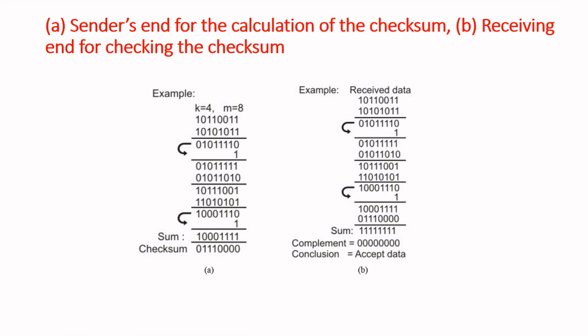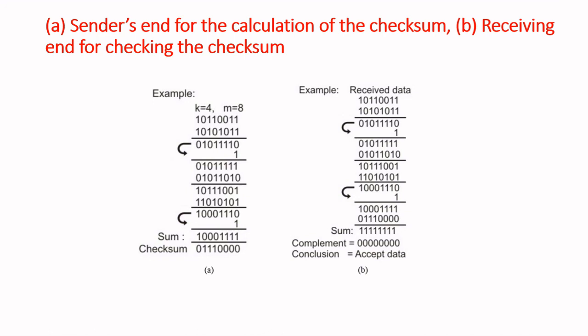But how it works in the procedure is that all the data are added using ones complement, and finally the checksum is calculated after complementing that data. So the sum is complemented, and all ones are converted to all zeros. So the sum is found and the checksum is found.